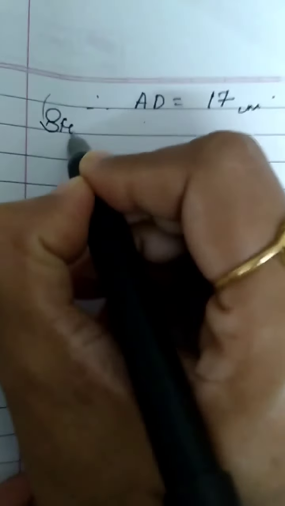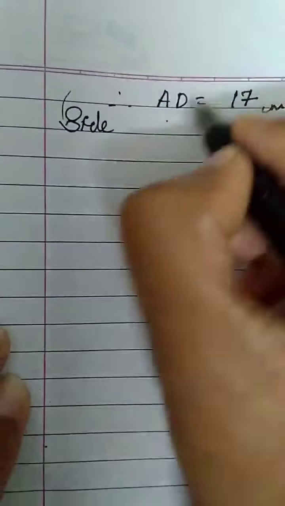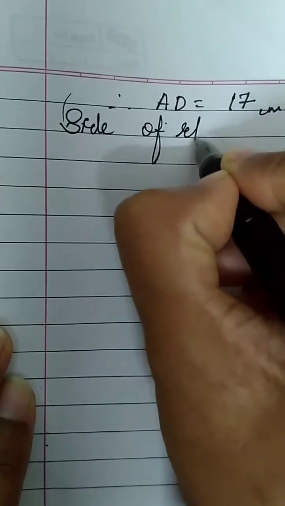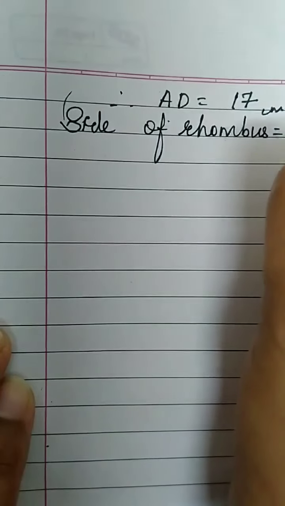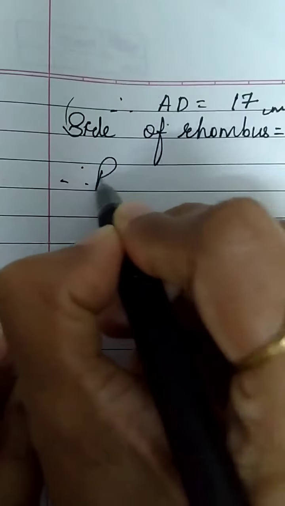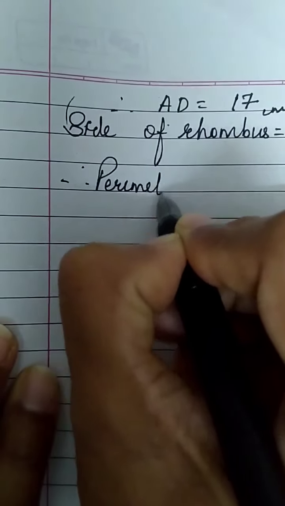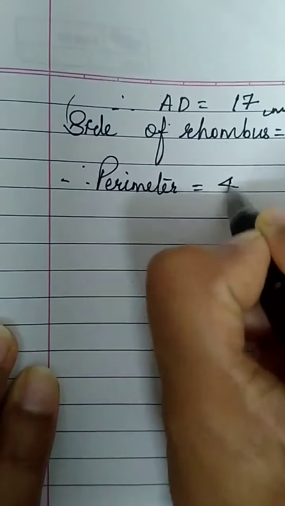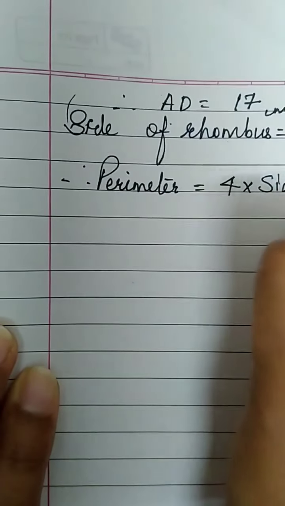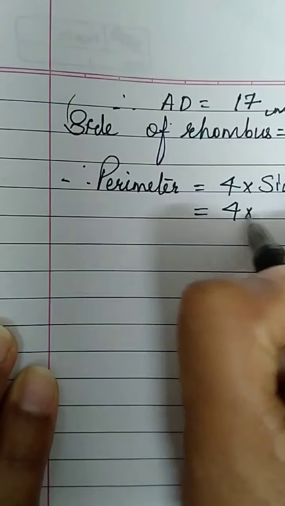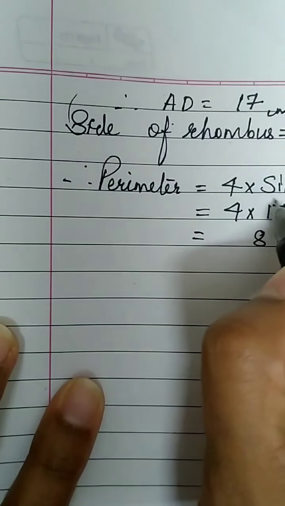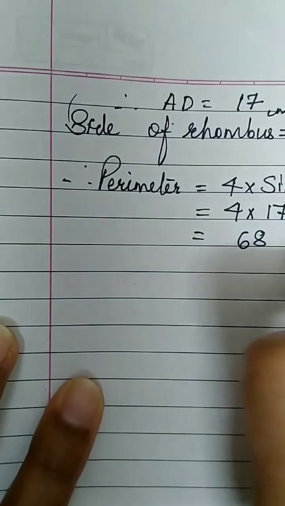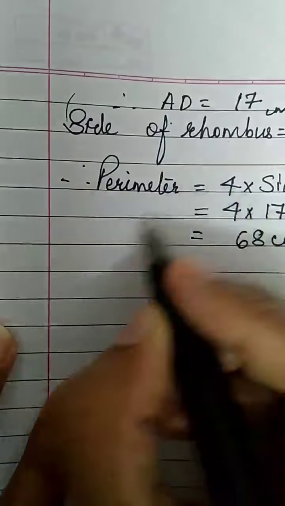AD is nothing but the side of the rhombus. Side of the rhombus you got 17 centimeter. So what will be the perimeter? Perimeter will be 4 into side, all sides are equal, so 4 into 17. 7 4s are 28, carry 2, 4 1s are 4 and 6, so 68 centimeter.